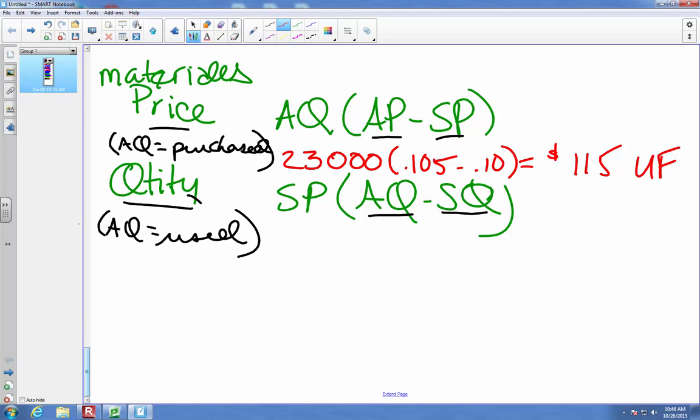Based on what we just did, do you feel like you could do the quantity on your own? I want to know what was my standard price, but this time the quantity isn't what I purchased, it's what I used. I took 0.105 minus 0.1, which gave me 0.005 times 23,000 board feet.